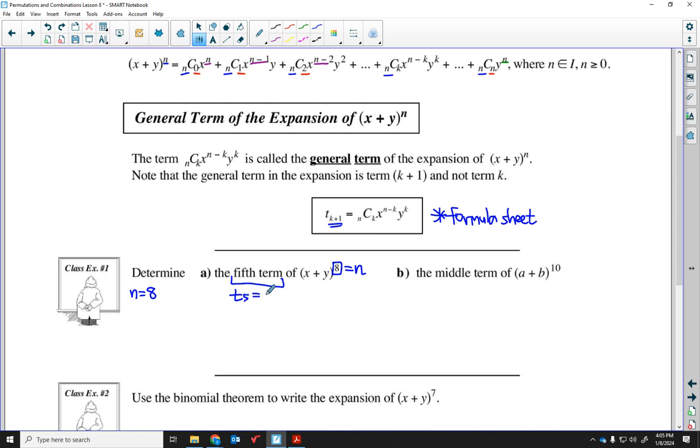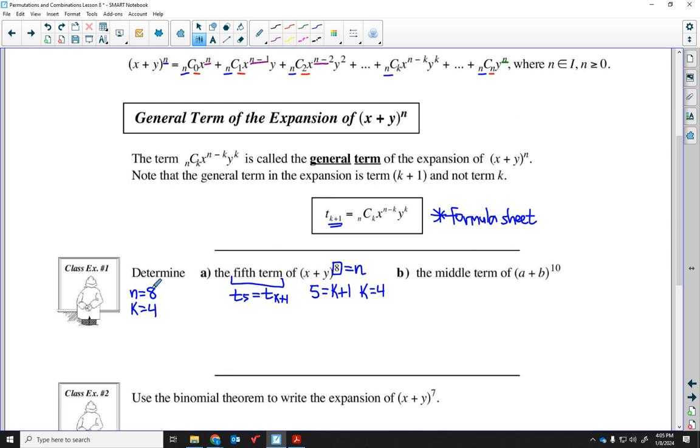But the binomial theorem is written as t subscript k plus 1. So if it asks for the fifth term, I need to identify what the value of k needs to be. If 5 is equal to k plus 1, then k would just be equal to 4.